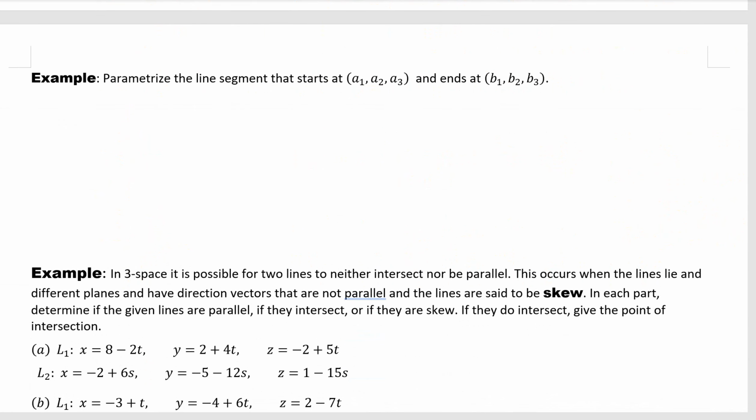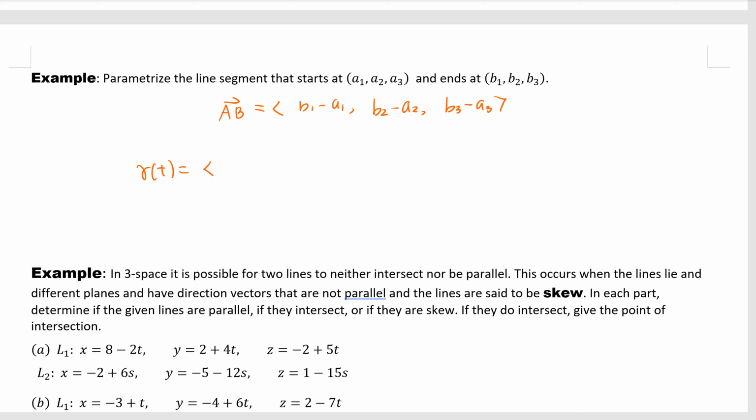Example: parameterize the line segment that starts at (A1, A2, A3) and ends at (B1, B2, B3). This formula is very similar to what we had before. First, figure out the direction AB, which is (B1 minus A1, B2 minus A2, B3 minus A3). Then we can pick any point, usually the first point.